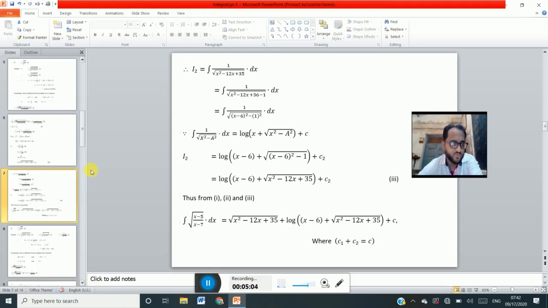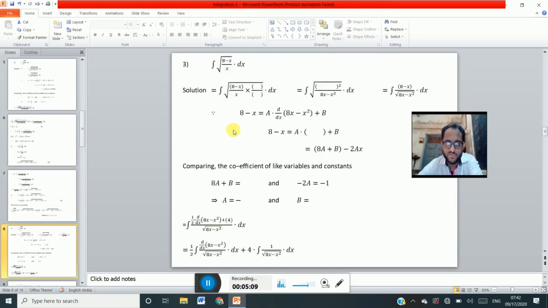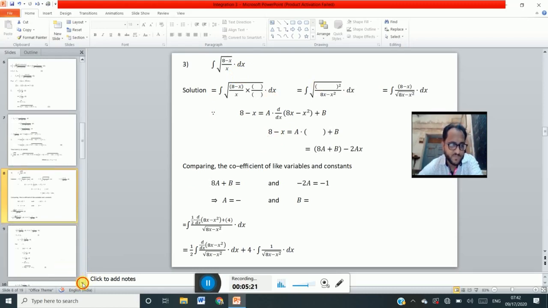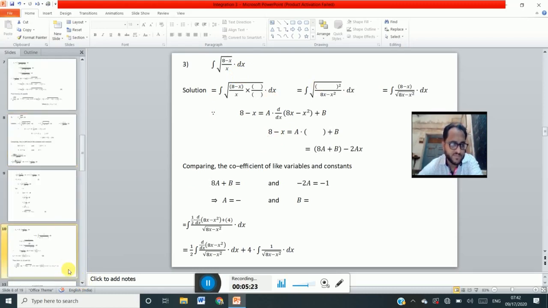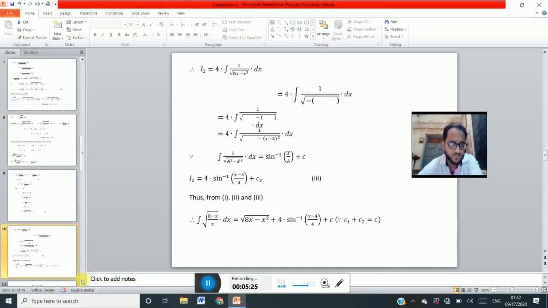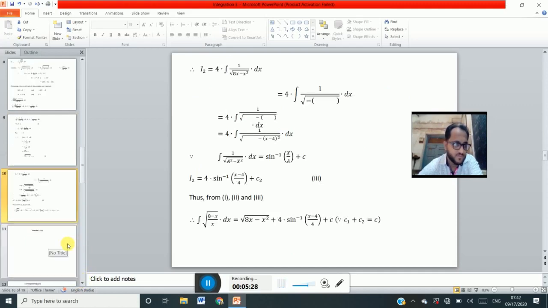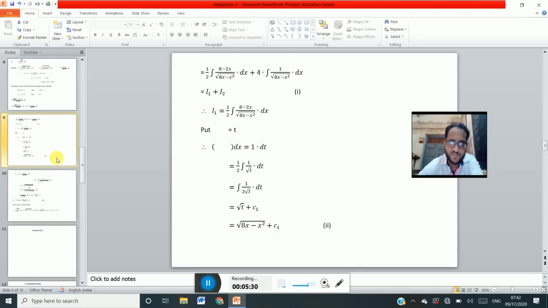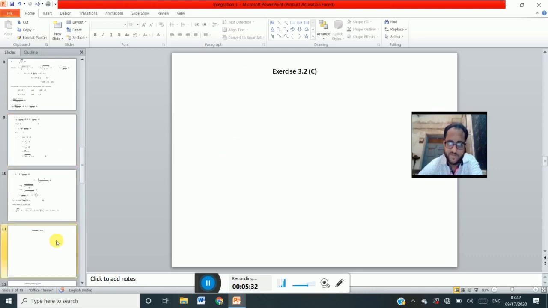Try to understand the next example also. This is the activity, try to do it yourself, this one, that is root 8 minus x upon x. Try to solve this as the previous example, right? Then see the next one, it is our last example of this type, and try to solve the examples of exercise also, that is 3.2, right?